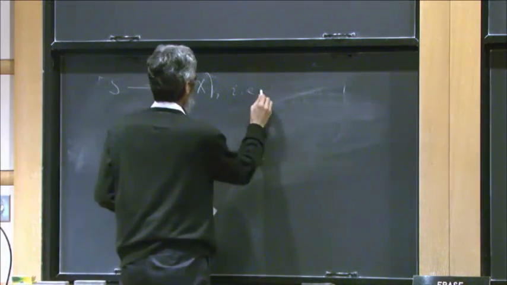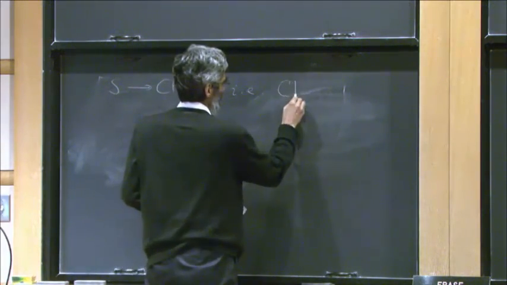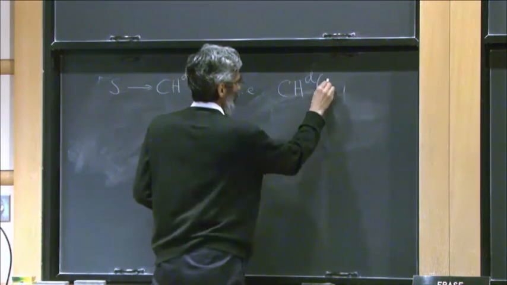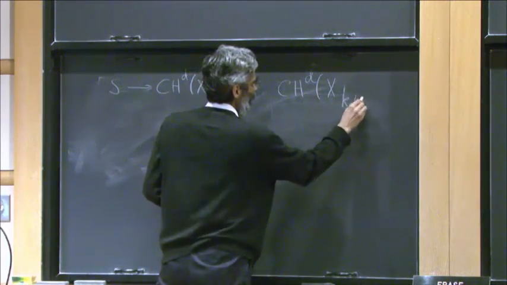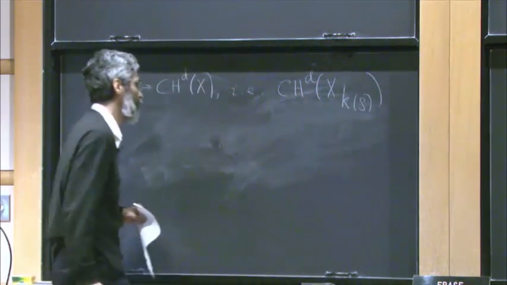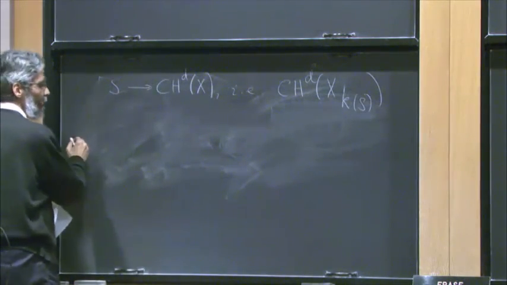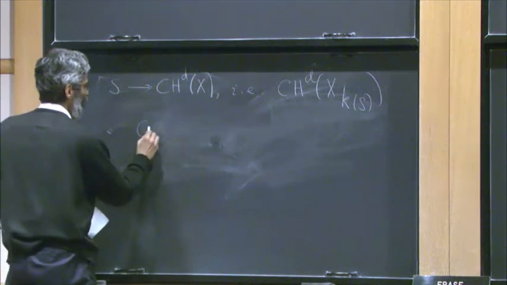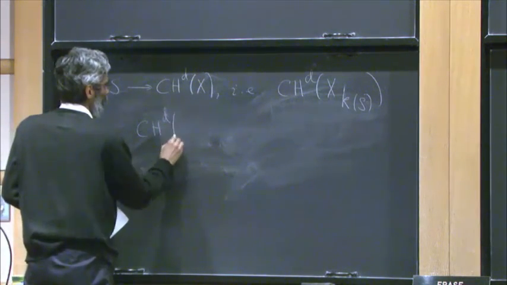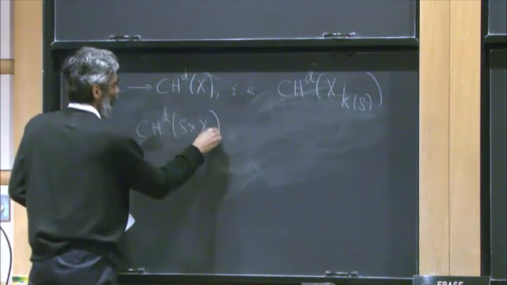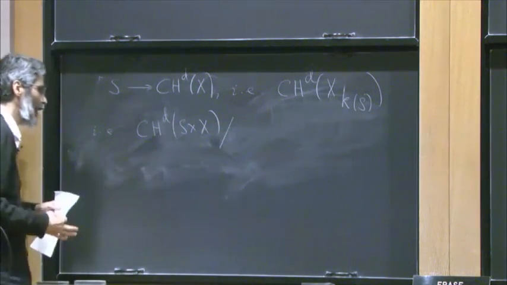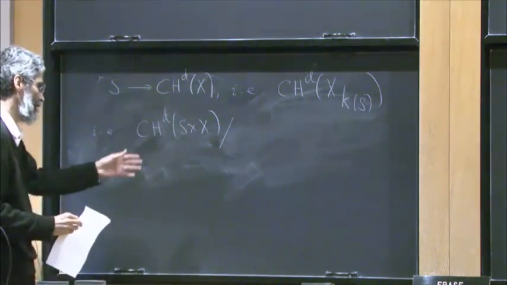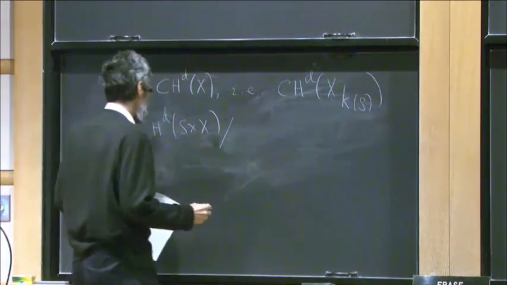So really one is looking at Chow d of X base changed to the generic point, and equivalently you are looking at the quotient group Chow d of S cross X modulo all the cycles which, when you project onto S, don't dominate S.